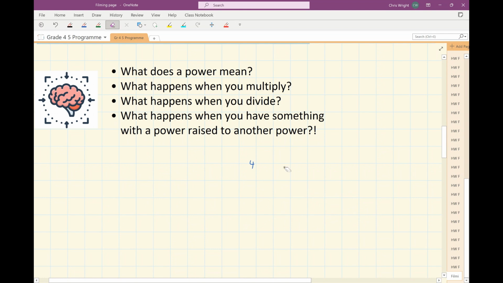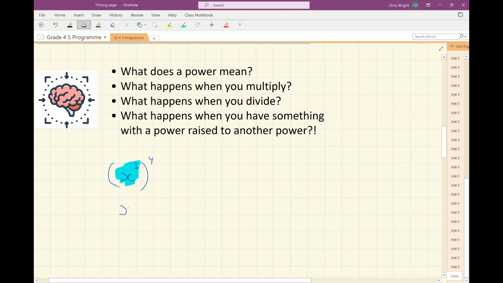Now, what about when you have something with a power and it's raised to another power? For instance, what about if I have x cubed and I raise that to the power of 4? Well, let's have a think about what that means. X cubed to the power of 4 is this something to the power of 4.